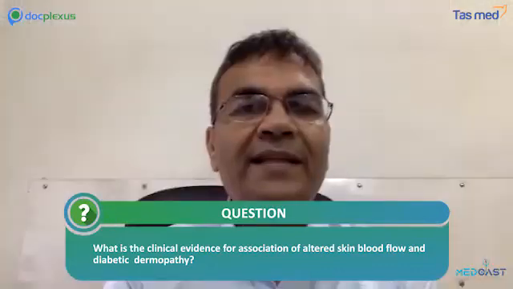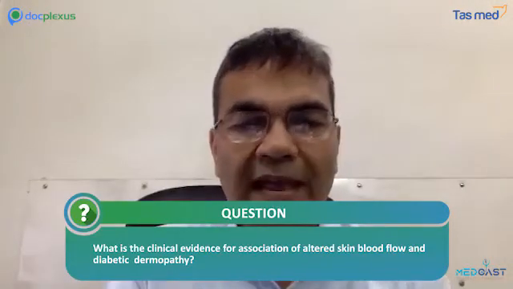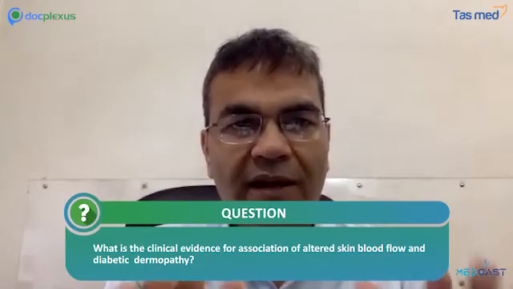So the first and foremost thing one should examine is the foot. The coloration, the discoloration of the foot itself will give you an idea about whether the vascular supply is getting hampered or not. Then the hair growth; in male patients it will be more visible, because females regularly get it removed, but in male patients also you can see a decrease in hair growth. Then dry skin will also show on examination.